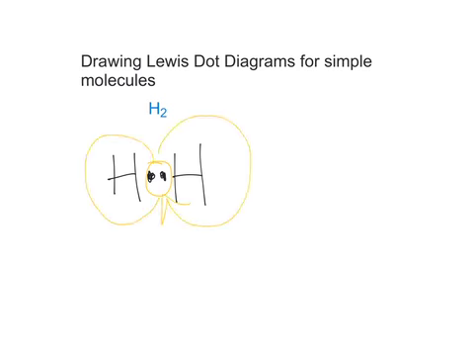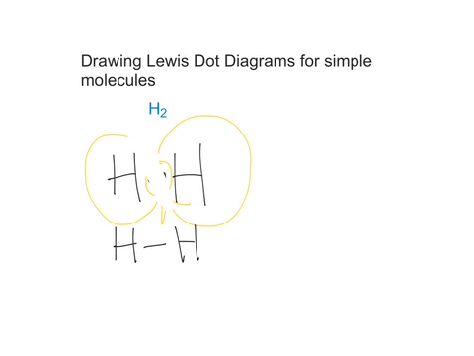And so both hydrogen atoms are going to think that they have 2 valence electrons. Of course, that's all hydrogen wants. It is our exception to wanting 8 valence electrons. Another way that we can show that is just with a line instead of the 2 dots. So you can see that pretty clearly.